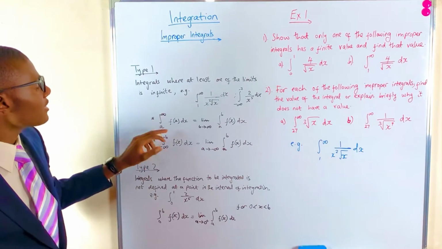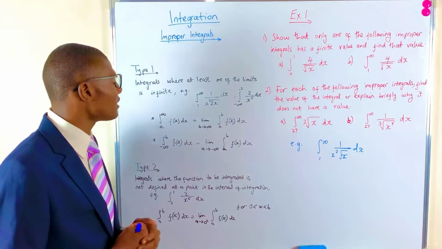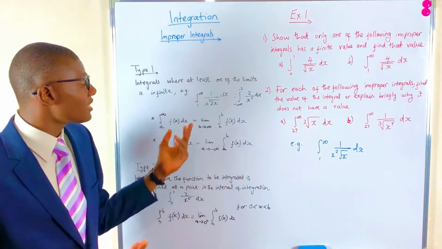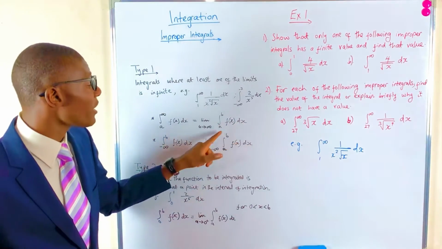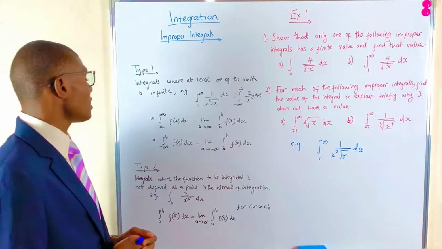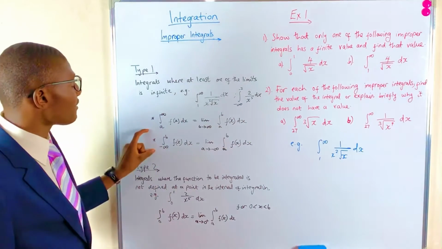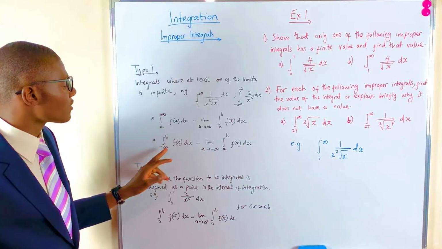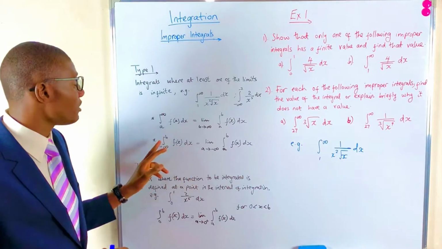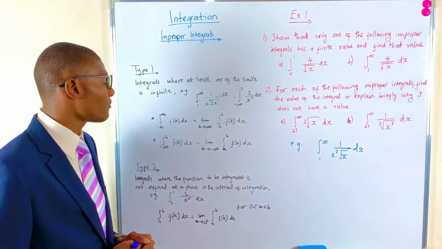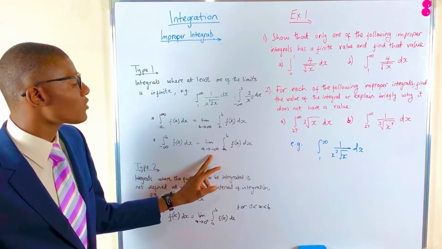So we can define the integral of f of x with respect to x from a to infinity as the limit of the integral of f of x with respect to x from a to b as b approaches infinity. And for the second one, we can define the integral of f of x with respect to x from minus infinity to b as the limit of the integral of f of x with respect to x from a to b as a approaches minus infinity.